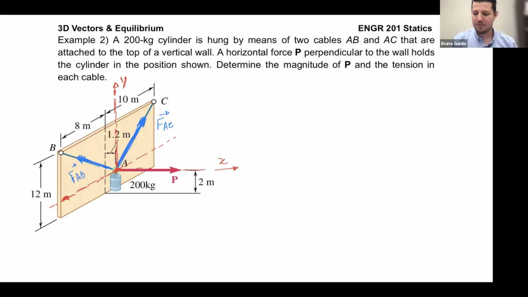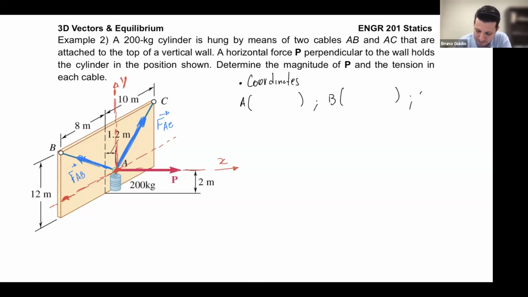So far so good. All right, so coordinates. Remember, first one, coordinates. Let's find those points. Which points? A, B, and C. Why is it so easy? A, because it's the orange point, is 0, 0, 0.